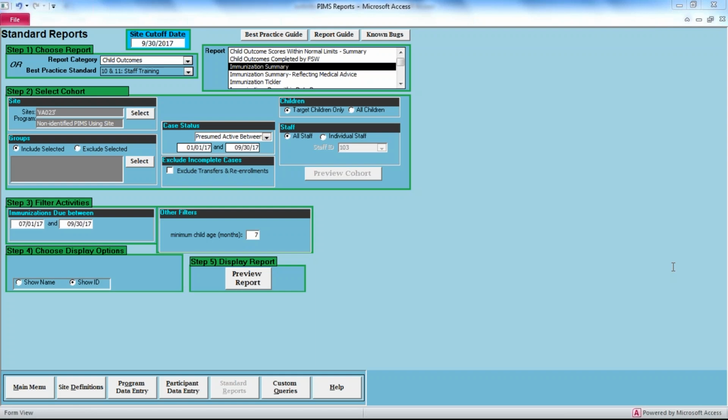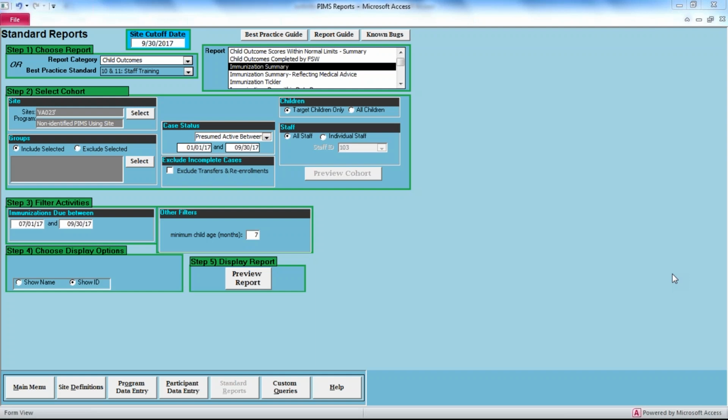My other question was, I know you said that the site cutoff date should always be like the last day of your quarter, and maybe it was just an odd accident. Stuff that I had entered for that quarter after, so like if I put it in October 10th, but it was data from September, it doesn't always show up. Okay. What I recommend then is that you use the date the measure was done, not the date you're entering the data on.